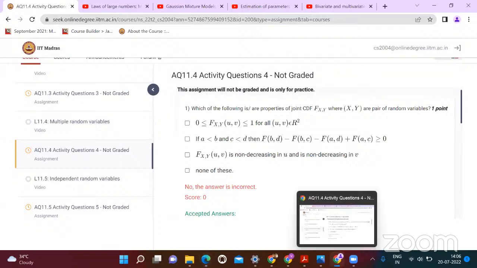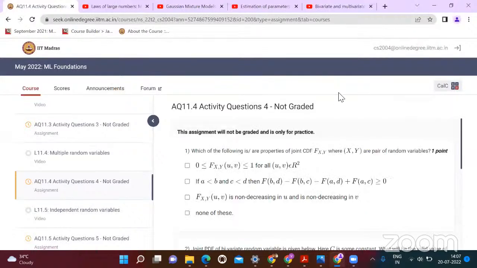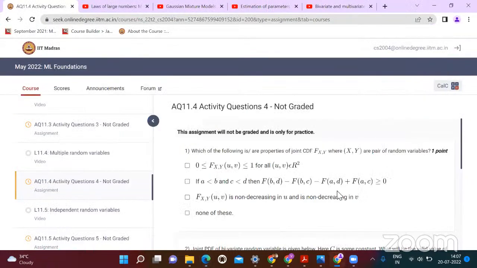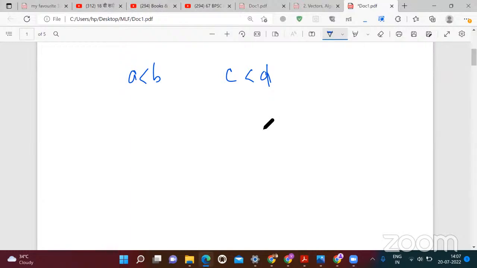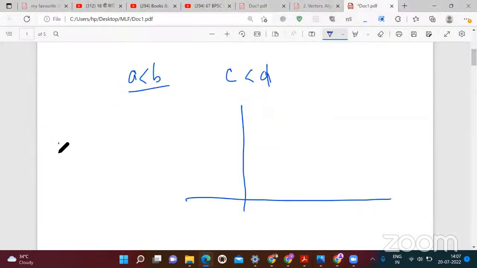What I need to prove is this one. A should be less than B, and C is less than D. I need to show that the CDF F of B comma D, for example, with some values A, B and C, D, can you tell me what is written there?